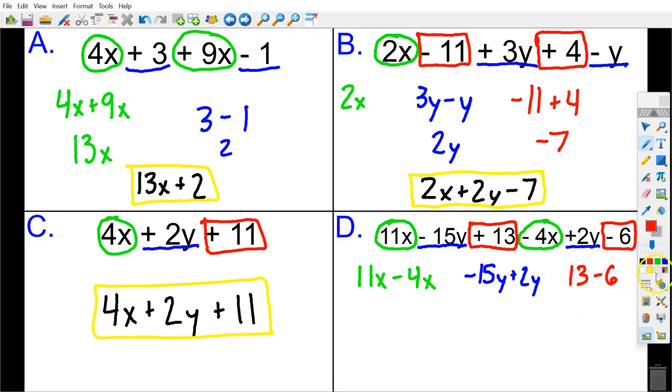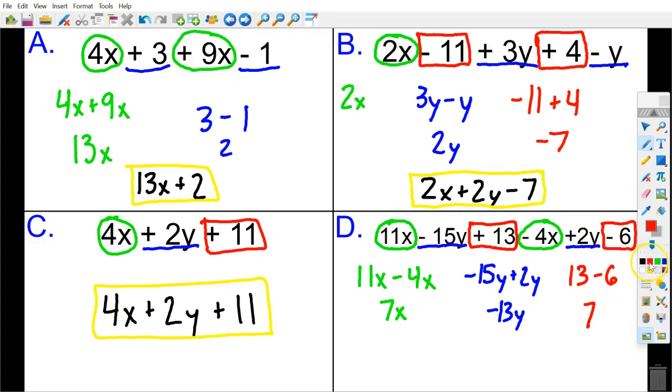All right, so let's get going. 11 minus 4 is 7. So we get 7x. I can't do anything else, so let's move to the y's. Negative 15y plus 2y. So that's really 15 minus 2. Keep the sign of the bigger number. So we get negative 13y. And then we're done, and 13 minus 6 is 7.